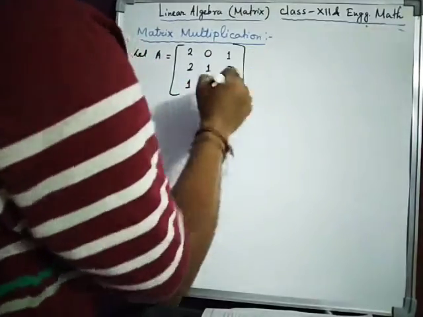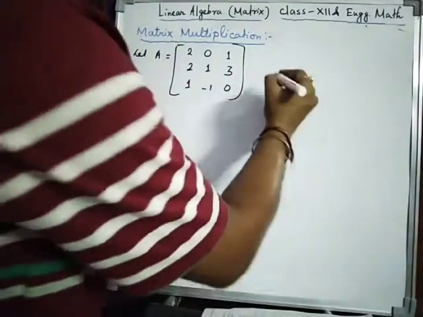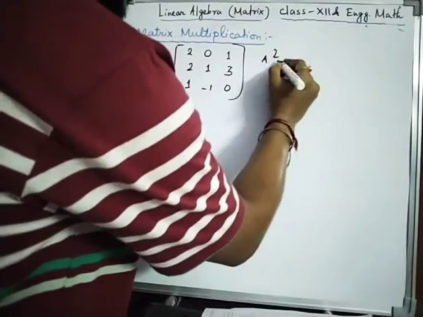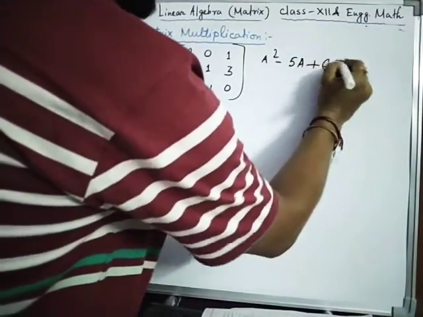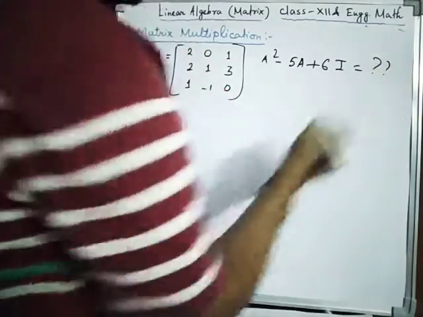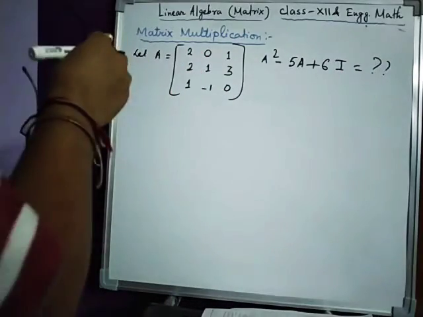Suppose A is a matrix given. You have to solve A square minus 5A plus 6I equals how much? That is the question.